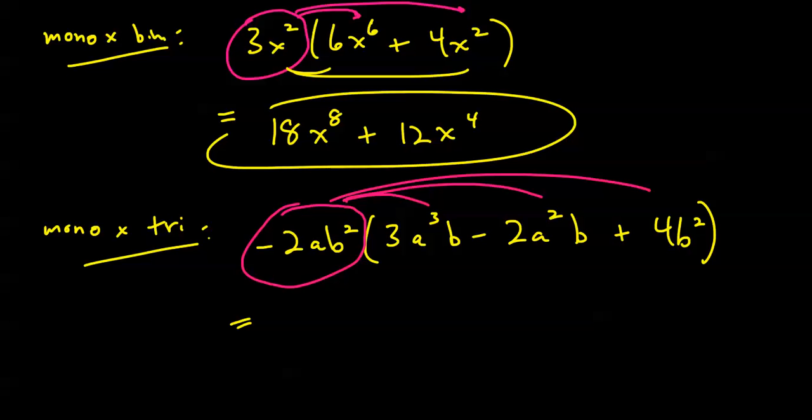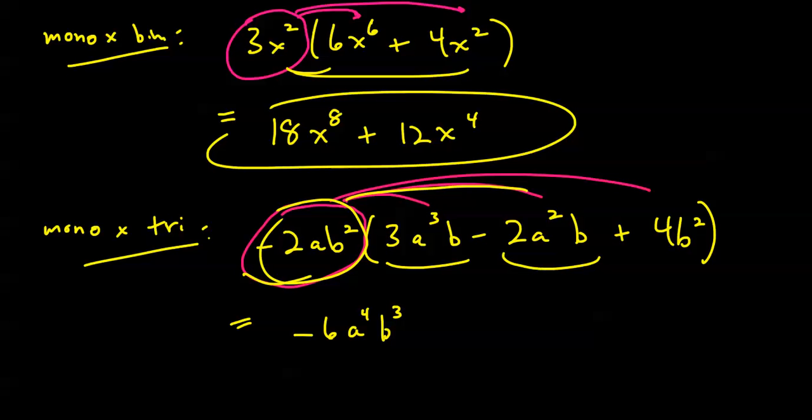Minus 2ab squared times 3a cubed b will give me a minus 6a to the 4th power b cubed. Will it not? Now I'll take this monomial times this factor. Minus 2 times minus 2 is plus 4, multiplying the coefficients. A times a squared is a cubed, times b squared times b is b cubed.